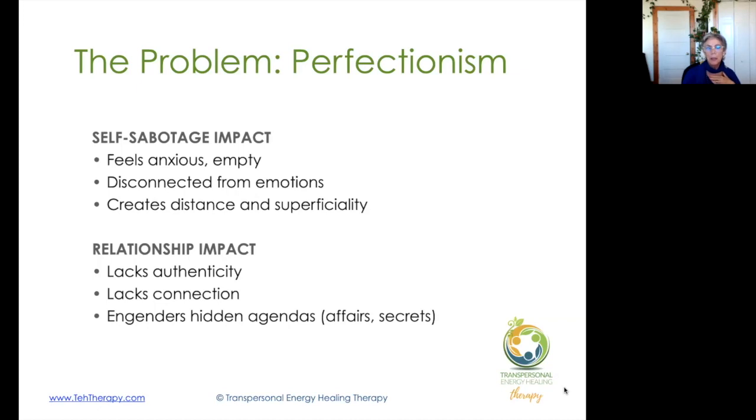They feel disconnected from their emotions, and they create distance and superficiality. The relationship impact is it lacks authenticity, it lacks a feeling of connection, and it engenders hidden agendas, affairs and secrets and things like that. They are great secret keepers, and they're great at having affairs because they're great secret keepers. As long as it looks good on the outside, I can compartmentalize really well.